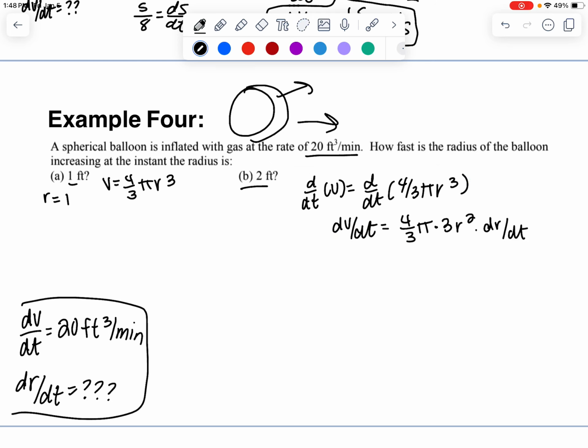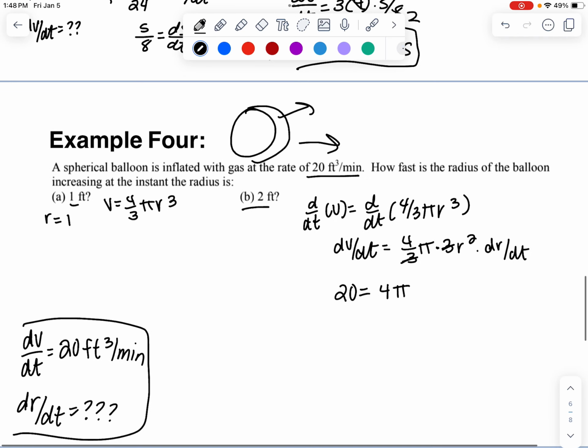We do know that dV/dt is going to be 20 for both situations, so I'm going to plug that in. The 3's cancel out, so I'll get 4 pi r squared times dr/dt.